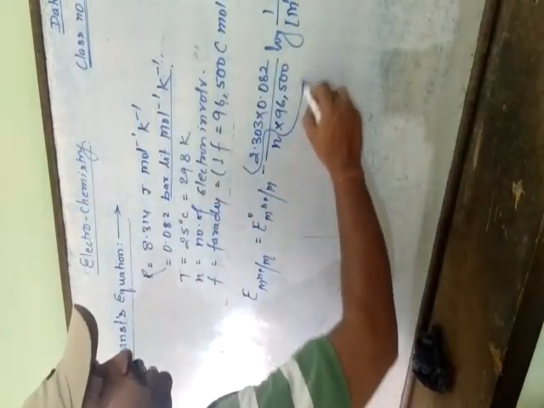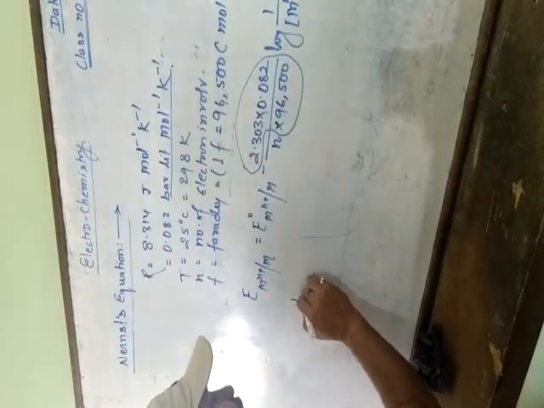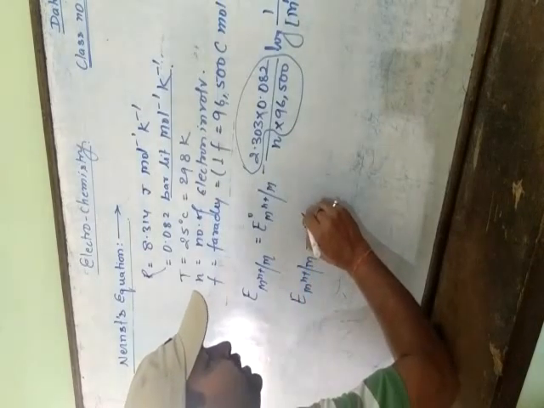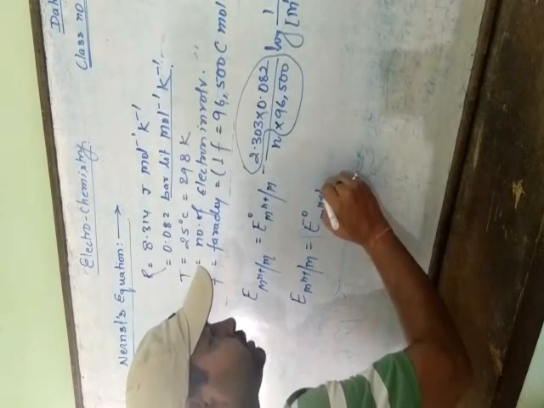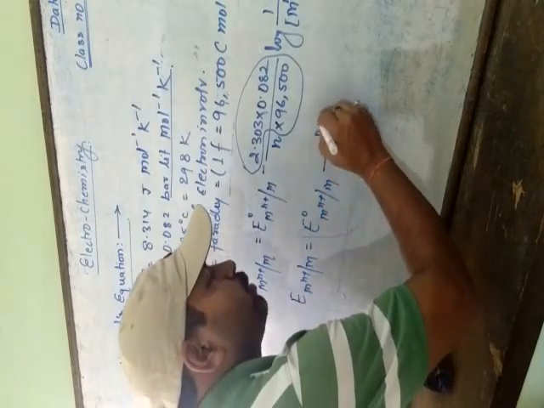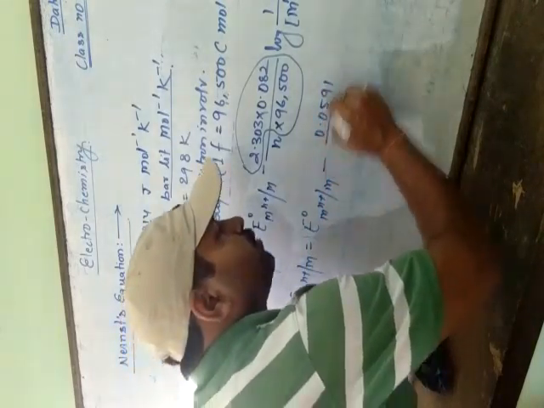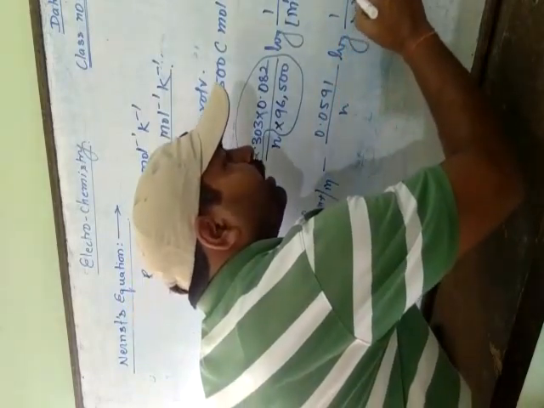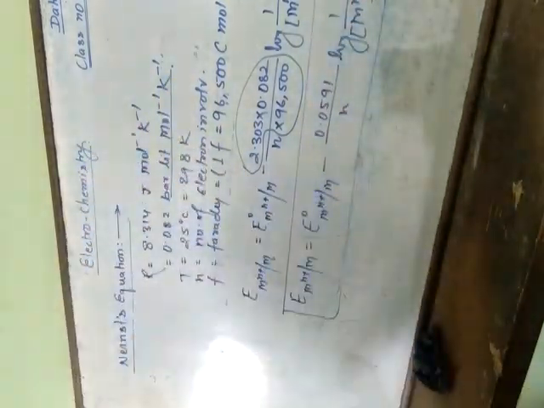To calculate the value, we find that E of M n+ / M equals E naught of M n+ / M minus 0.0591 by n log 1 by the M n+ concentration.